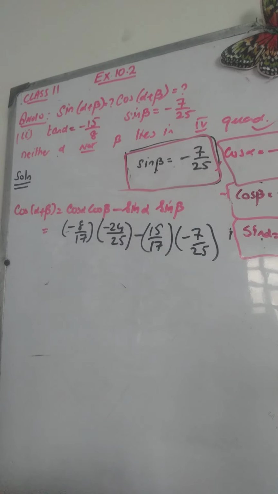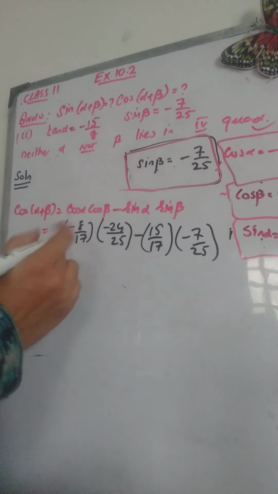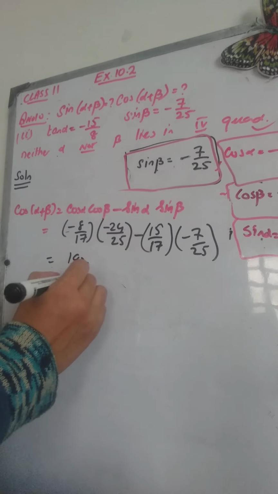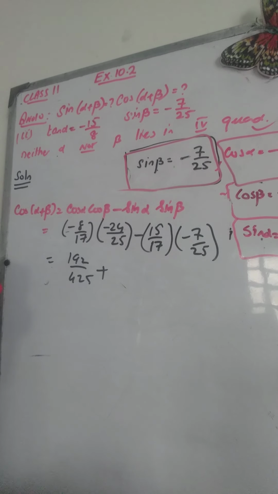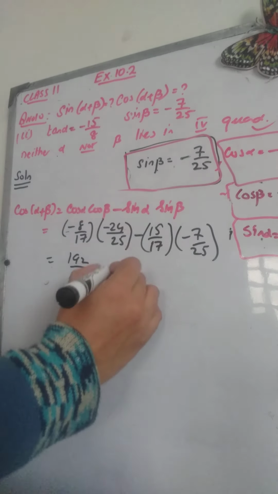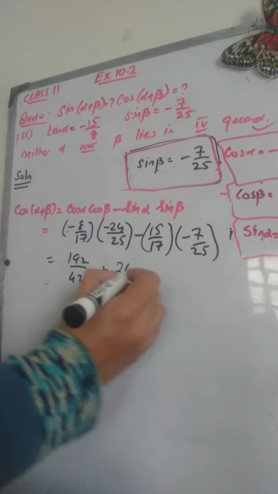Multiplying these two, 8 by 17 into 24 by 25 will be equal to 192 over 425. This is 192 over 425 plus 15 by 17 into 7 by 25, which is 21 over 85.